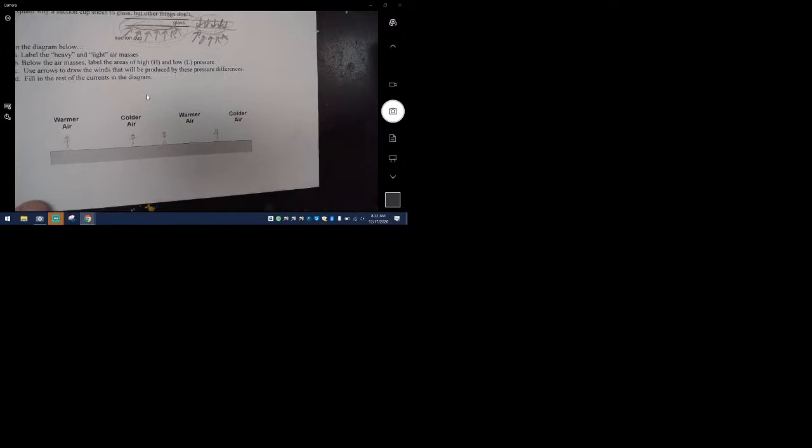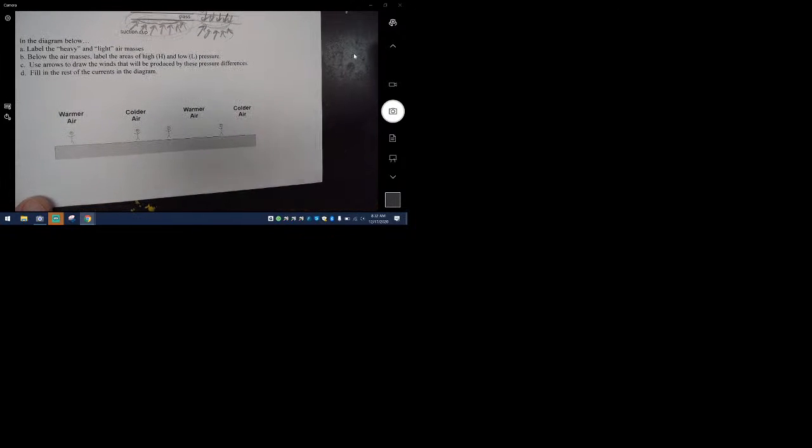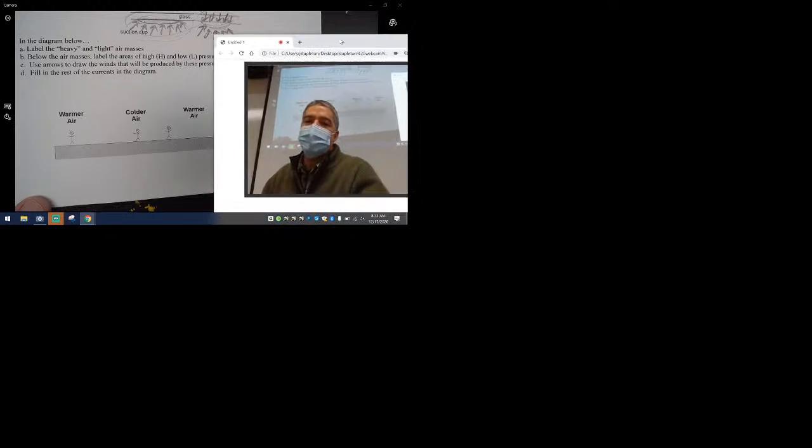All right, diagram below. We're back to Skylar. Label the heavy and light air masses. So which ones should I label heavy? We've got some that say warmer and some that say colder. Which ones are the heavy ones? How about this? What kind of air rises?